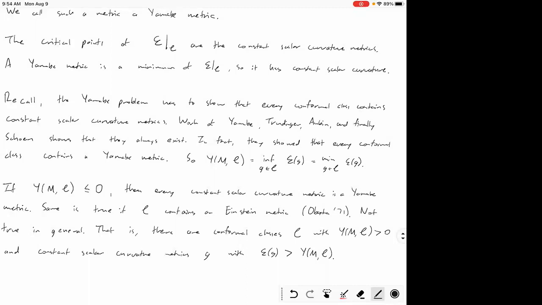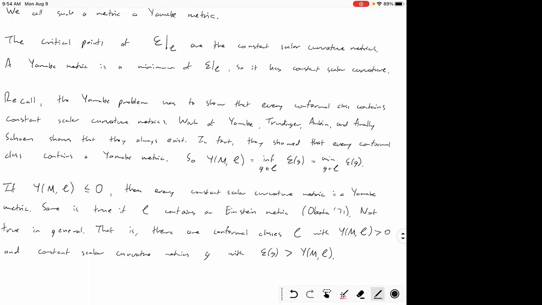So it doesn't realize the infimum, it's actually bigger than the infimum. There will be some other metric which does realize the infimum, but not all constant scalar curvature metrics have to do that. So there's something kind of different between Yamabe constant less than or equal to 0 and Yamabe constant positive.